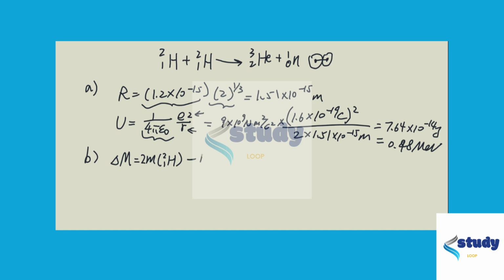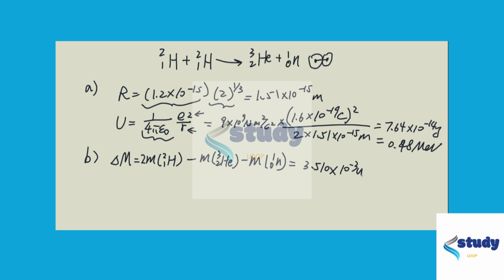So delta M is going to be 2 times the mass of hydrogen, subtract the mass of helium and the mass of the neutron. This mass is going to be 3.510 times 10 to the negative 3 u.